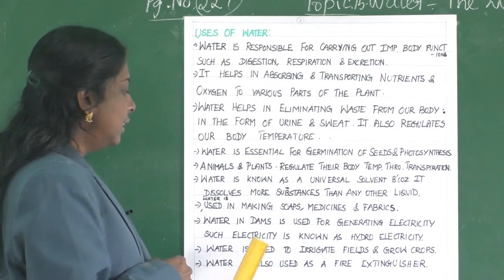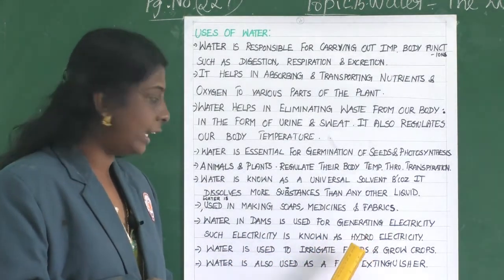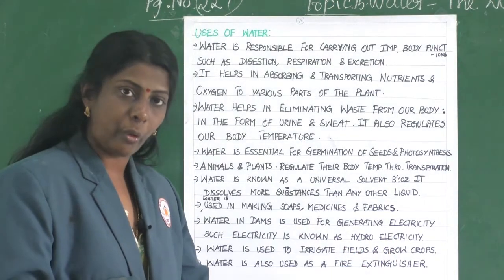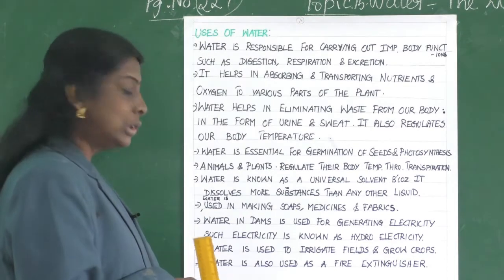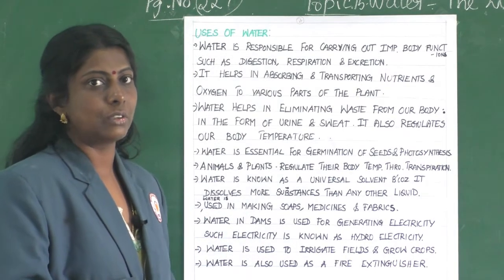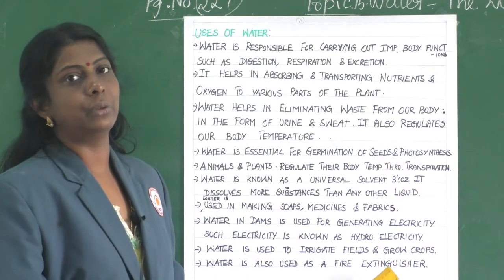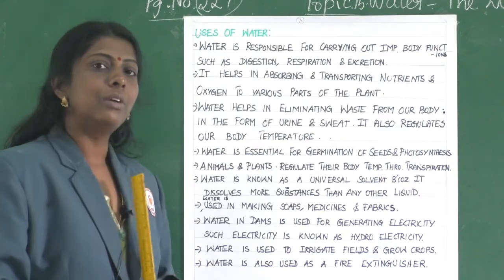Then water is used to irrigate fields and grow crops. Clear? Then water is also used as a fire extinguisher. Clear? Yes. So this is what we have about uses of water.